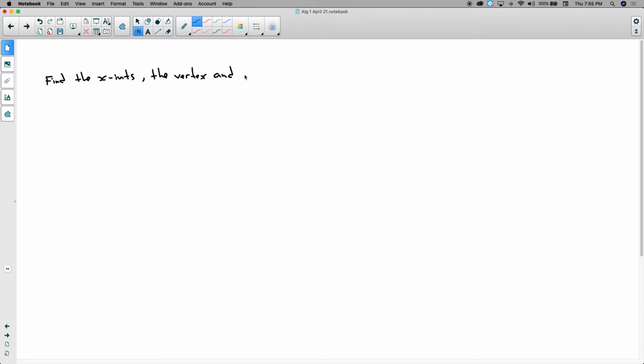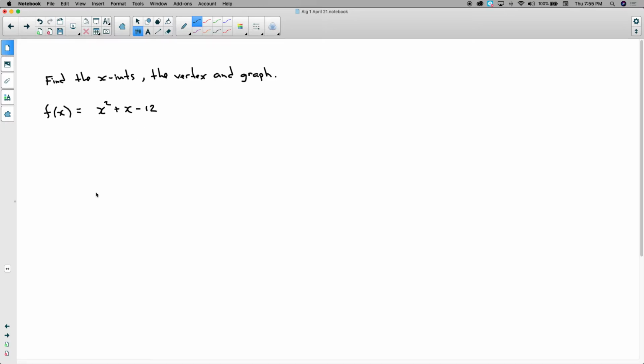So we didn't do any graphing in part 1, but now we're going to extend it to graphing. And these functions that I give you are not going to look like the ones in part 1. They're going to need to be prepared for the format called intercept form.